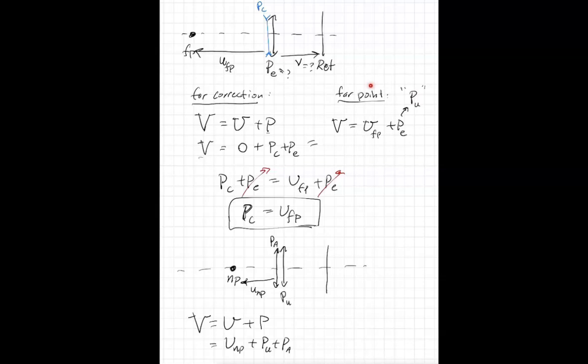So again, we've got the far point equation up here, which relates the image divergence. And so again, we can set this equation having to do with the far point case equal to this equation having to do with the near point case, because the image divergences have to be the same. So I can go ahead and do that over here. I'm going to say this is equal to U of the far point plus the power of the eye.